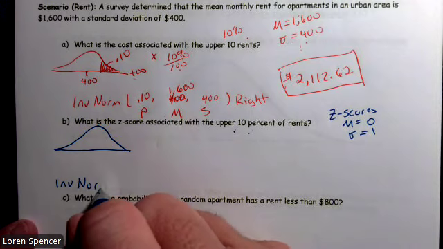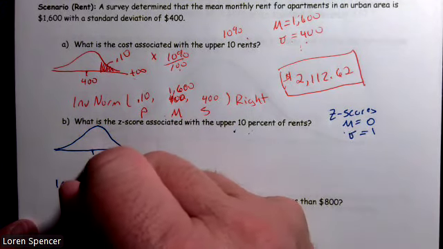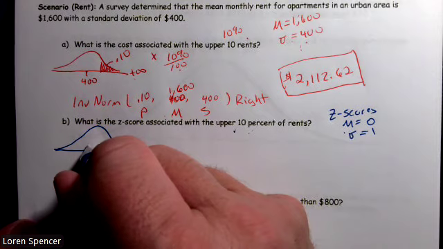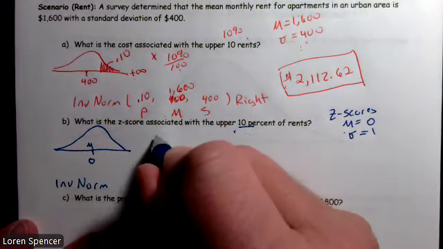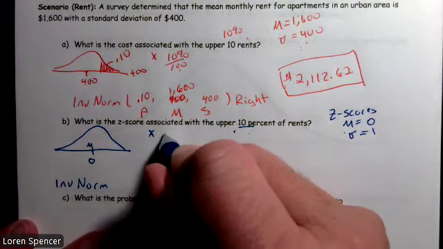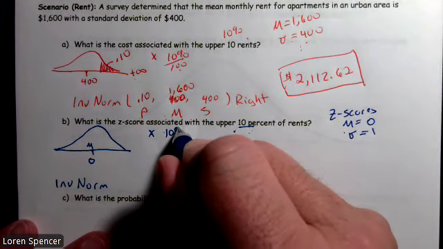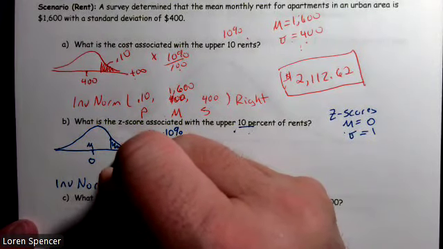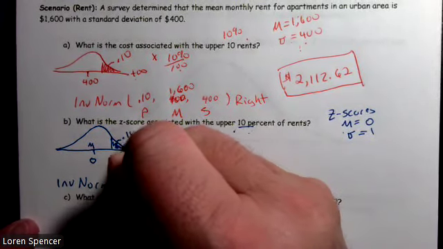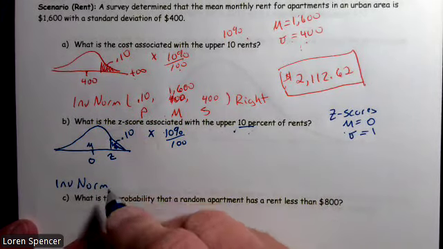All z-scores are centered at 0. And we're looking for the upper 10%. Once again, if they give you a percent, put an X. In this case, the 10% is above it. Remember, it's always divided by 100. And we have 0.10, and we're looking for a z-score.